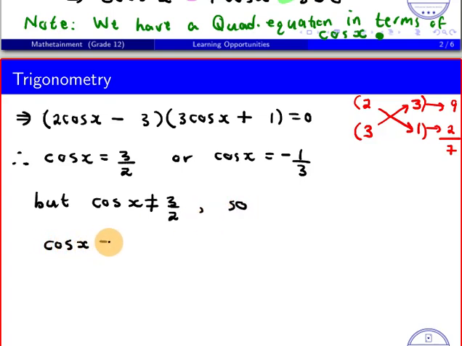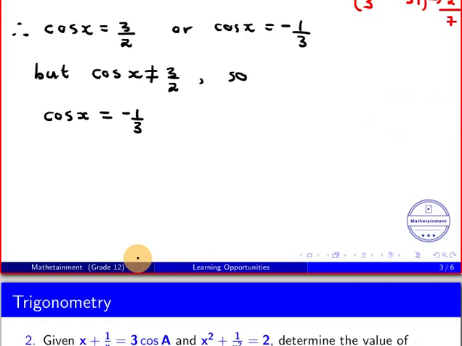The possibility that we have is that cos x is equal to negative 1 over 3. Now we find the general solution of this.